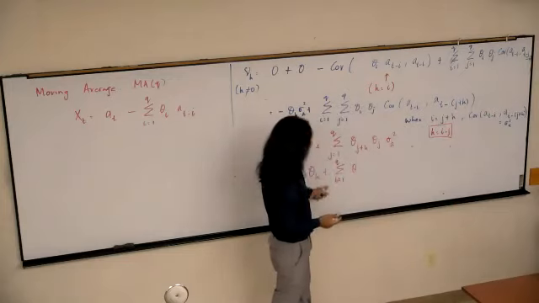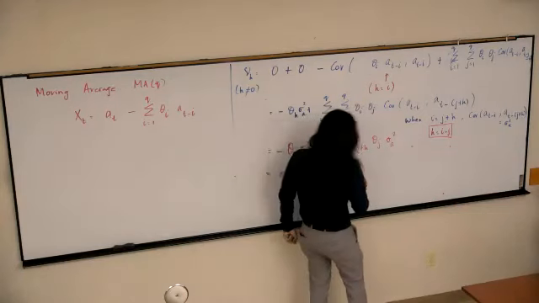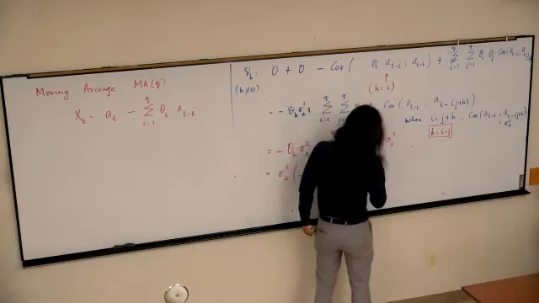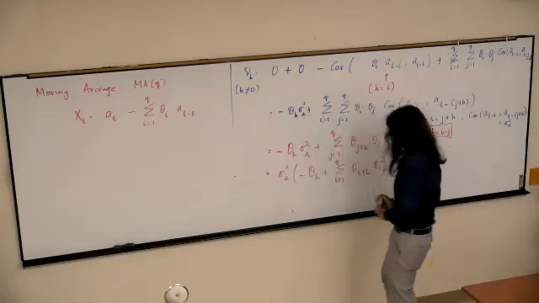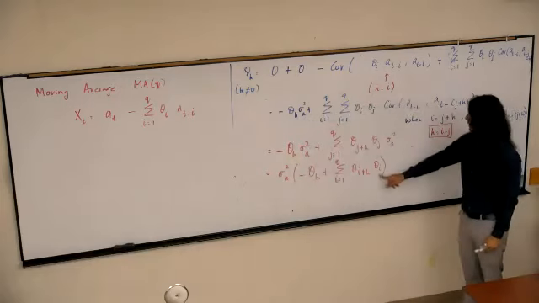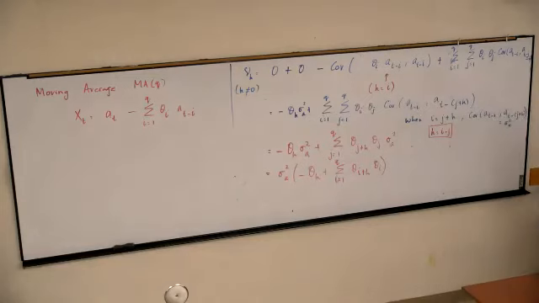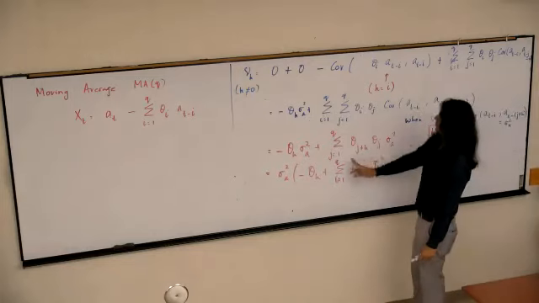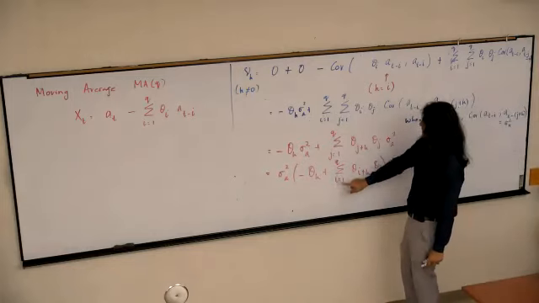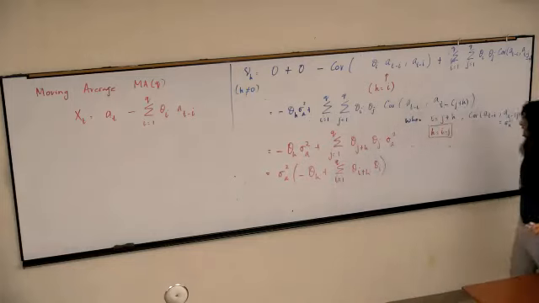I'm going to change j to i. It doesn't matter, I'm just changing the index. I'm doing so because this would match the convention that we have up there. So I'm just writing j as i, doesn't matter at all.